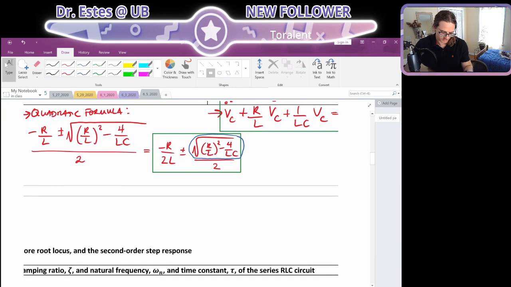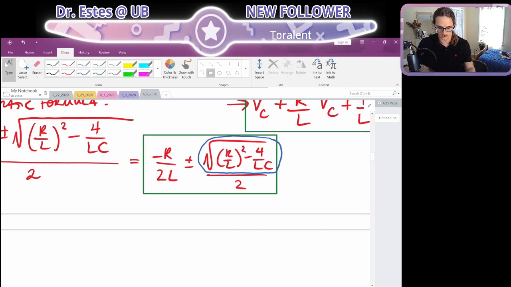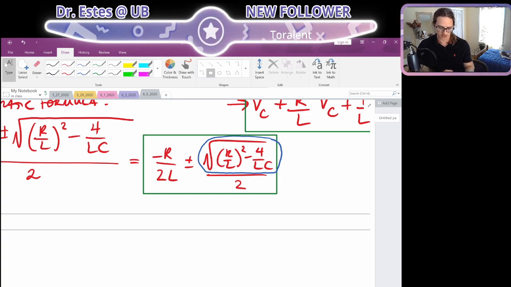But if you look at this, you can see that this number underneath the square root has the potential to become a negative number. And then you'd be taking the square root of a negative, and then this root has an imaginary part.